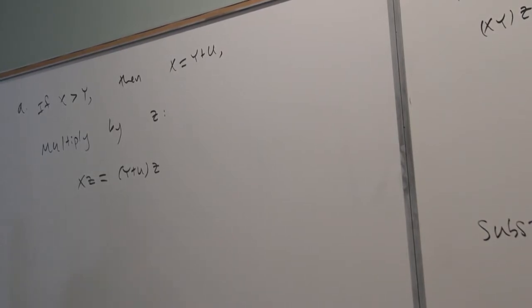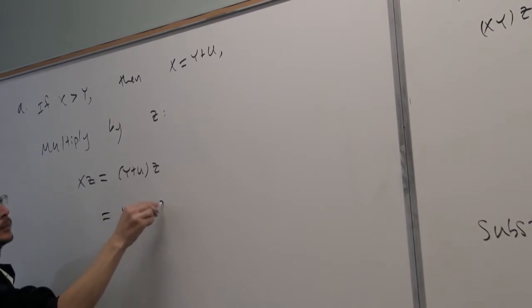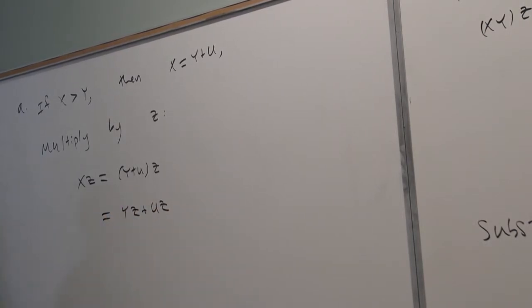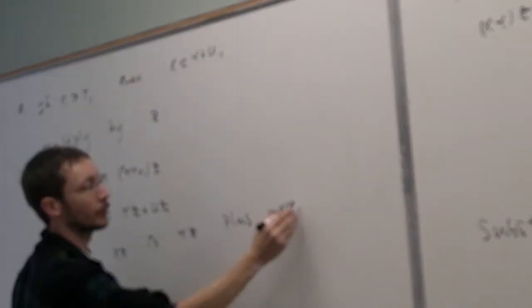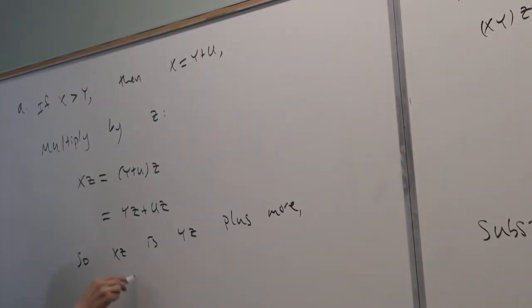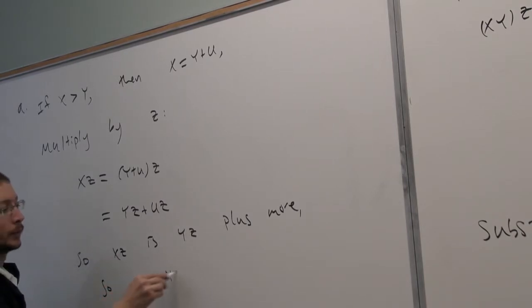And we have this nifty gadget called the distributive rule. So you can distribute the z through. And that's it, right? That's all we needed. Now we see that xz has to be larger, because xz is equal to yz plus a little bit more. So that says that xz is greater than yz.